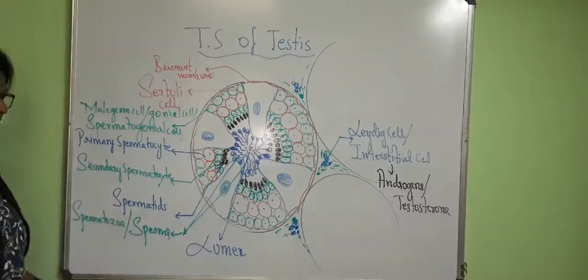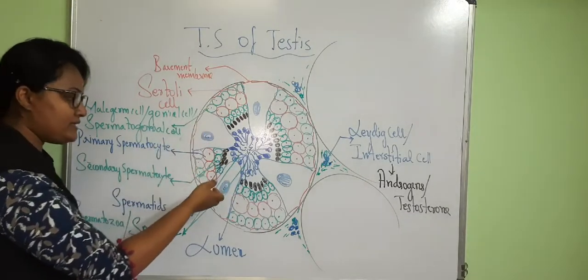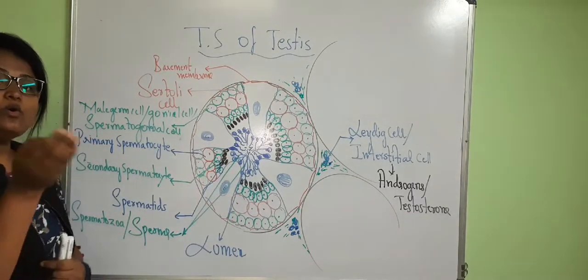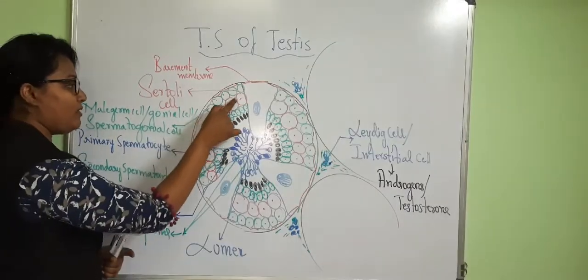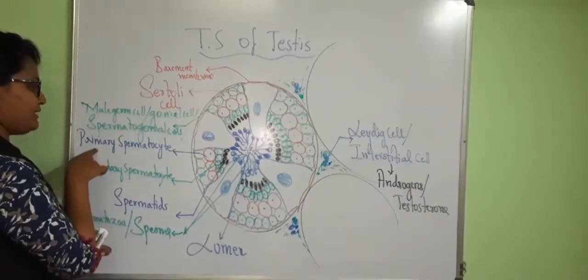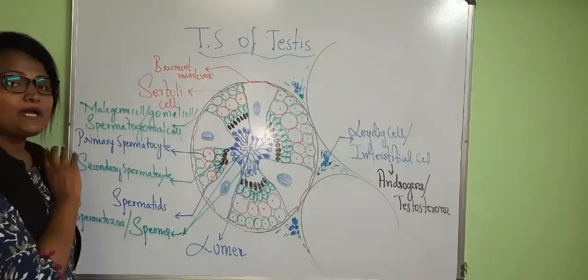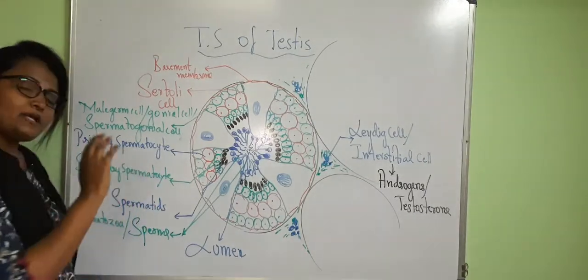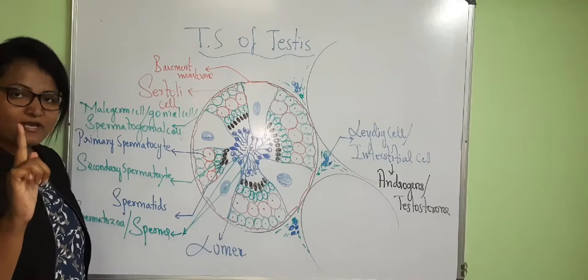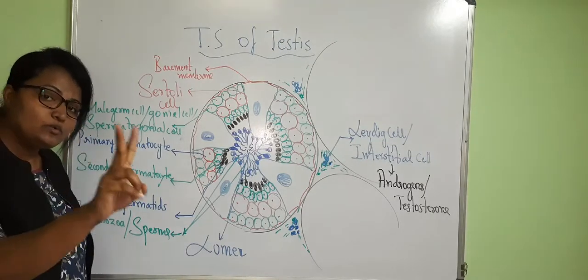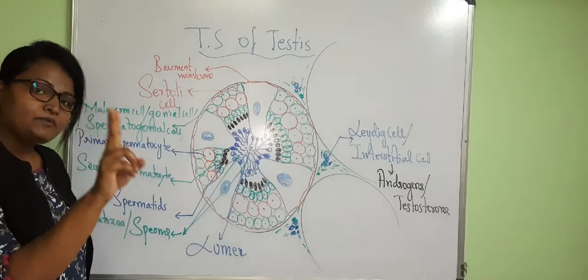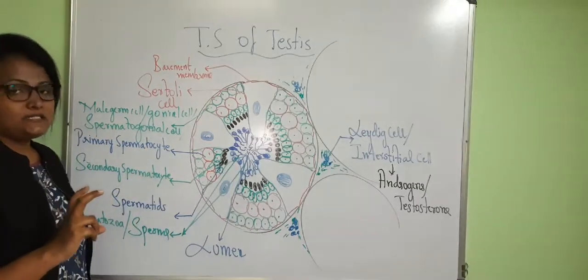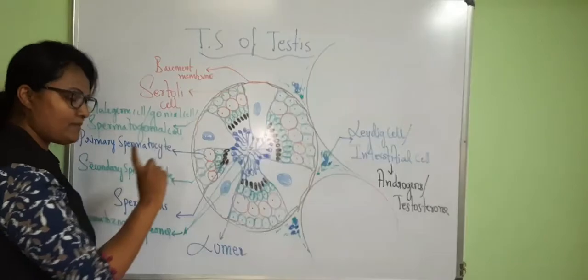So first, the spermatogonial cells undergo growth, they increase in size, and they form a type of cell we call primary spermatocyte. The primary spermatocyte undergoes first meiotic division to form two. Each primary spermatocyte produces two secondary spermatocytes.